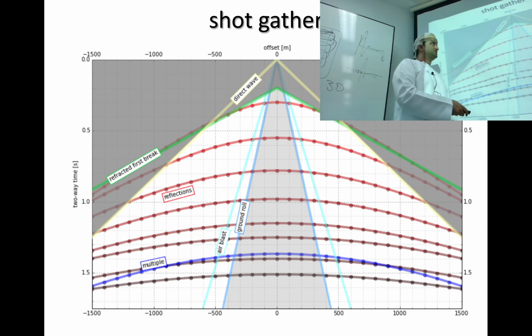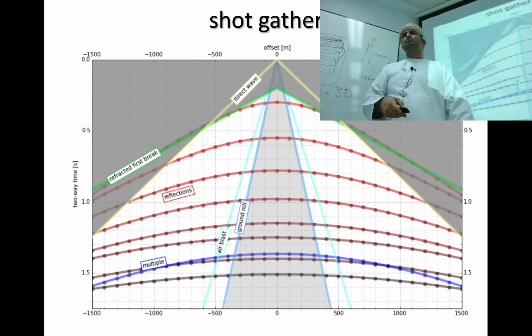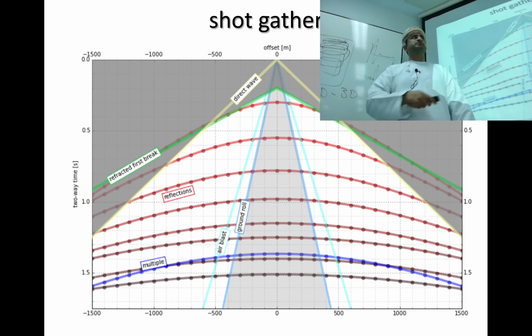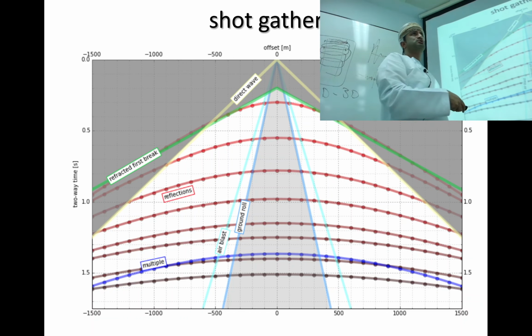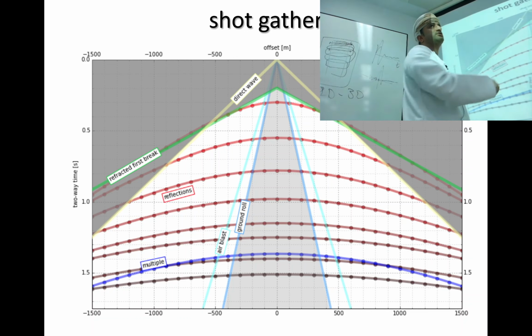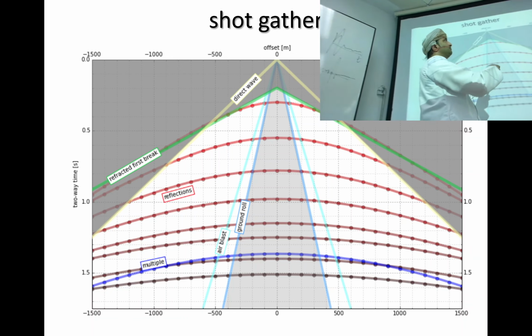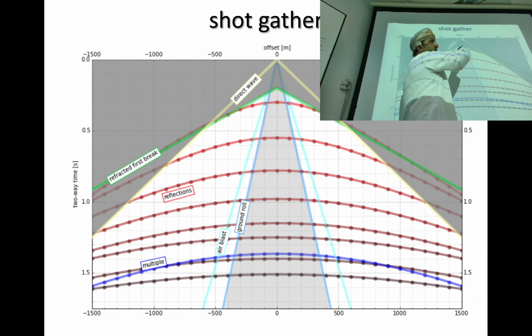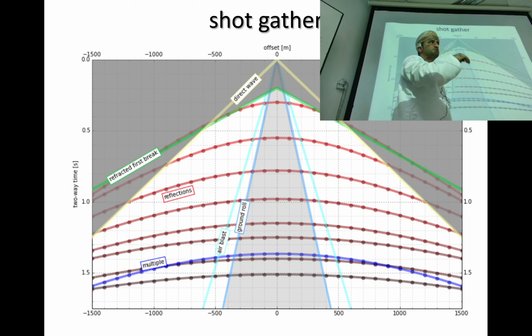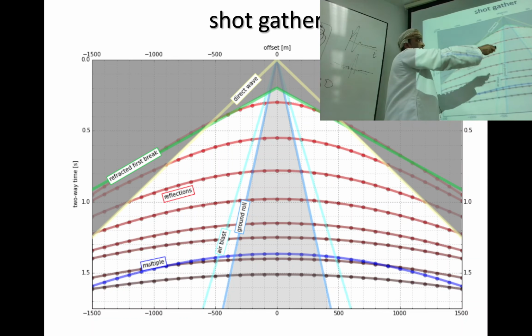Back to the questions. In a gather, if I ask where the source location is in this data, it is at 0. The direct is the energy that travels straight from source to receiver. That's the direct, the yellow lines.